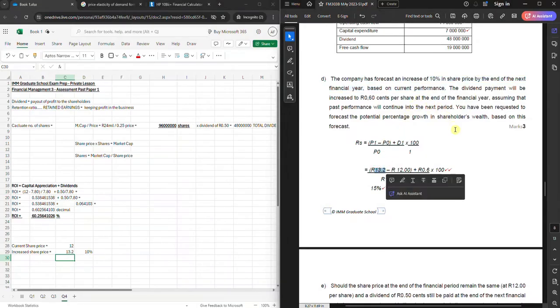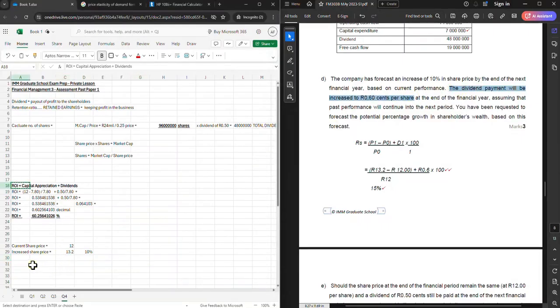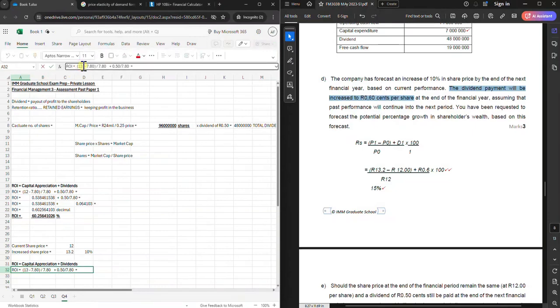You do exactly the same. And then the dividend increased to? 0.6. So it's basically this again, just with new amounts. Make sense? 13.2 and 0.6. 100%.